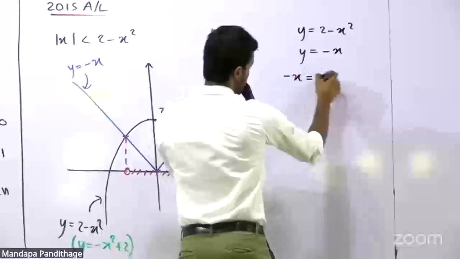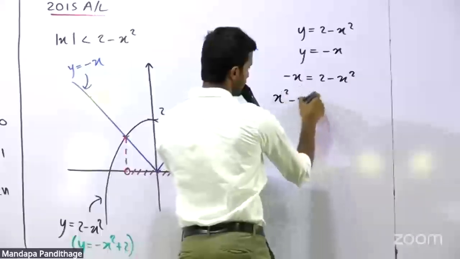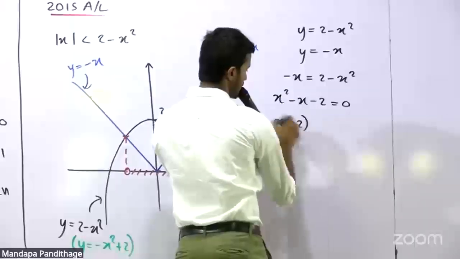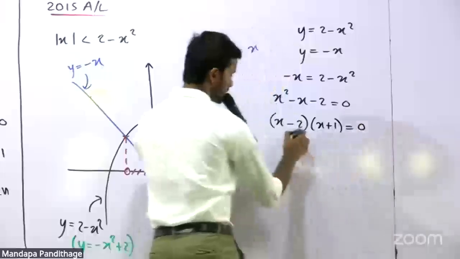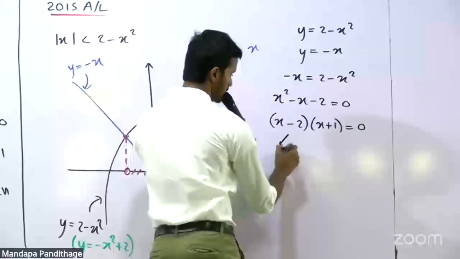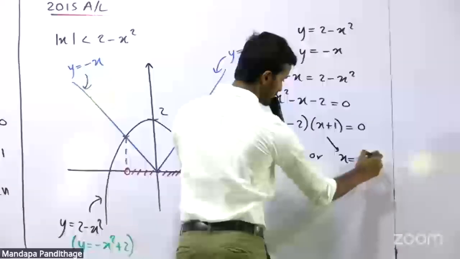So minus x is equal to 2 minus x squared. When you take this to this side, it's x squared minus x minus 2. So you get (x minus 2)(x plus 1). So I'm getting two answers: x equals 2 or x equals minus 1.